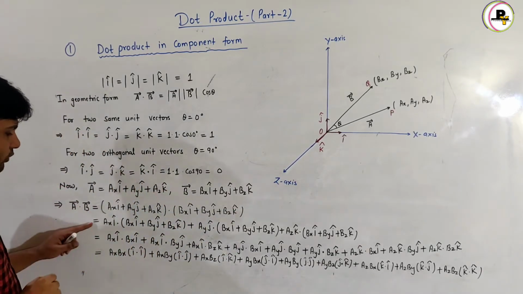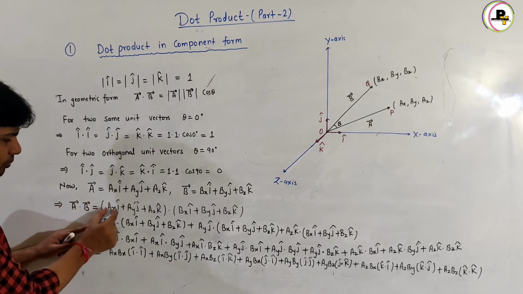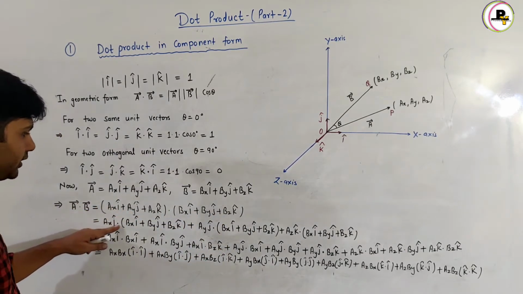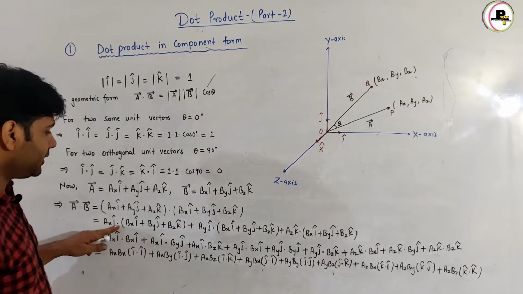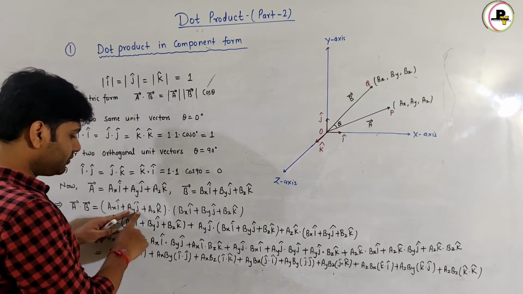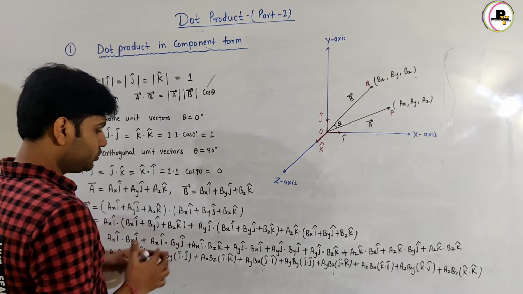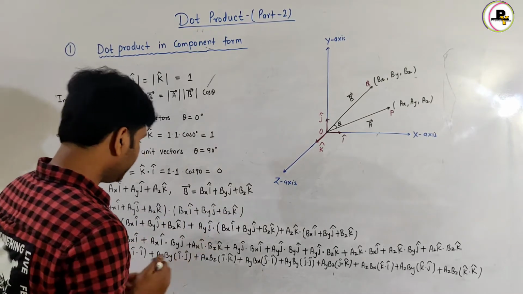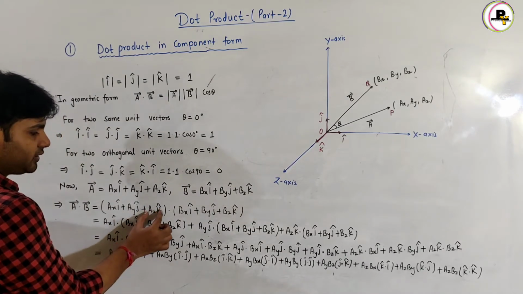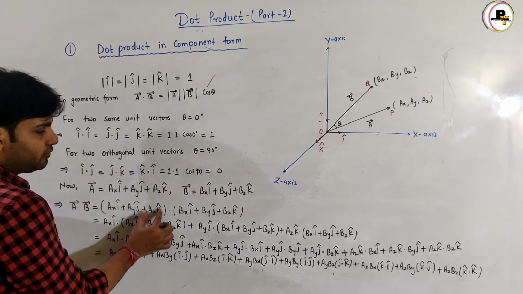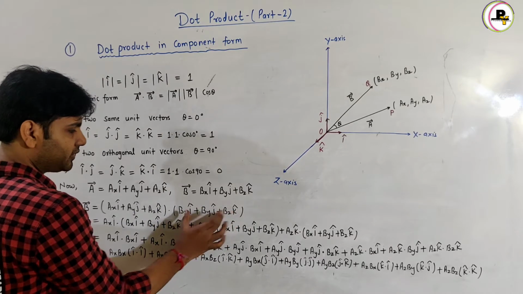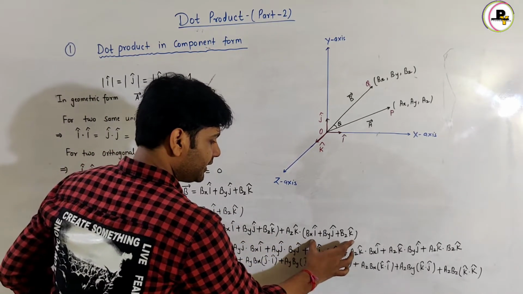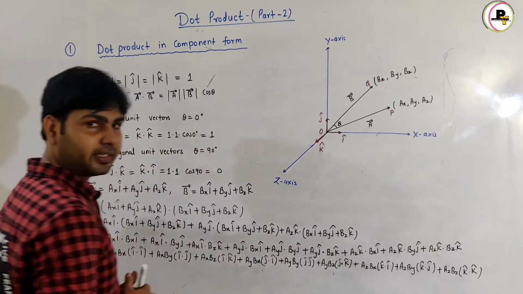Now this is equal to what? I will take the dot product of the first term with this bracket, so I can write AX i cap dot this bracket. Similarly, I will take the dot product of the second term with this bracket, AY j cap dot this bracket, and similarly the third term, AZ k cap dot BX i cap plus BY j cap plus BZ k cap.